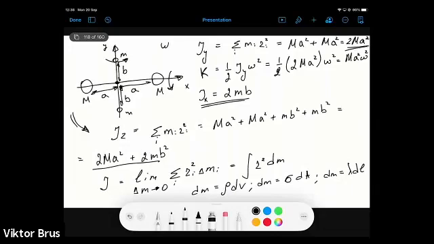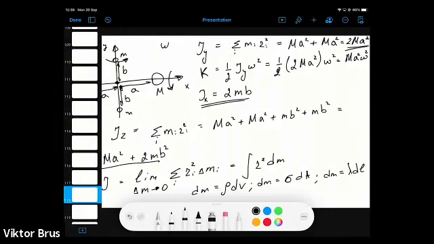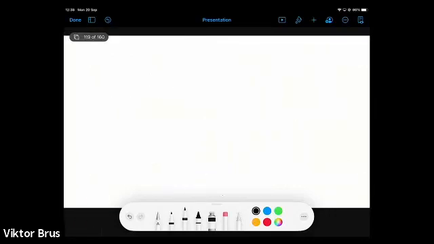So these are options to define this small mass for different cases. And let us consider some examples of these continuous bodies. So here we will deal with some rod, so it will be kind of a one-dimensional case.